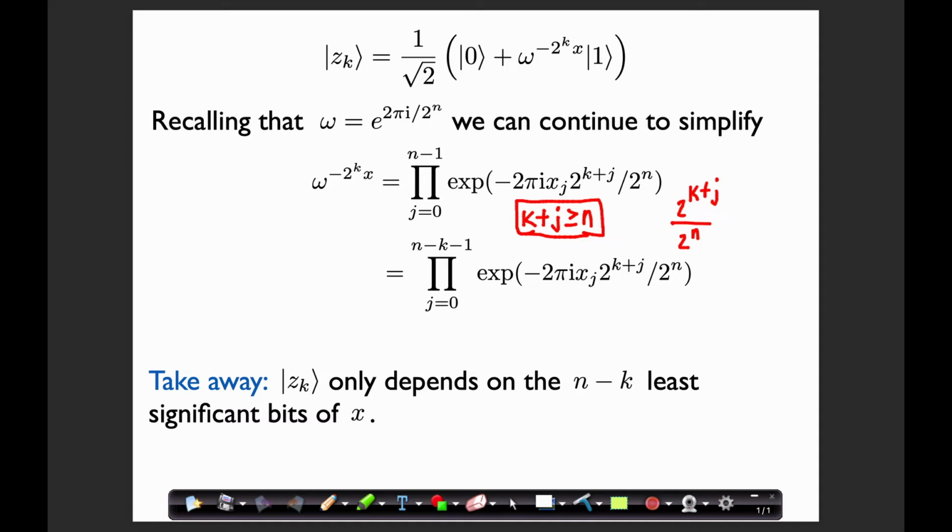So this phase that we want to create on ket 1 in zk only depends on the n minus k least significant bits of x. It depends on x0, x1, up to xn minus k minus 1. That's going to be the second very important fact that we use to create this quantum circuit.